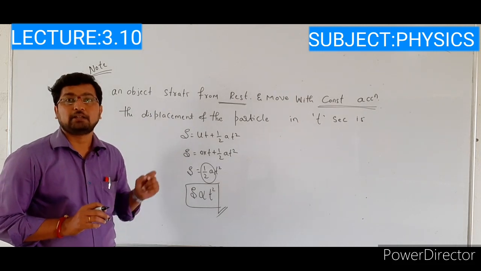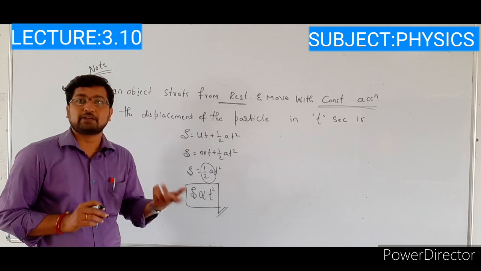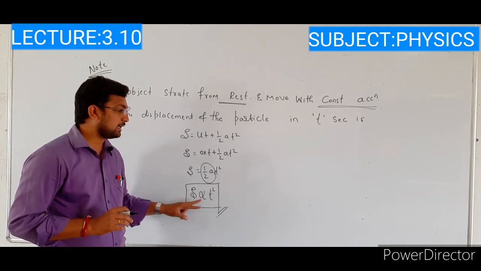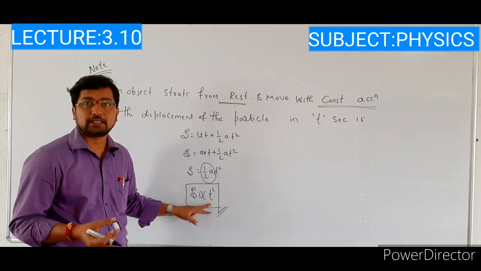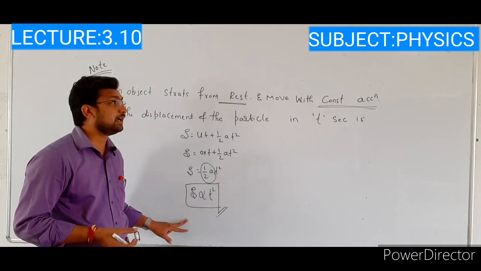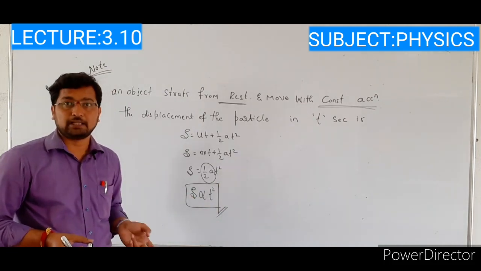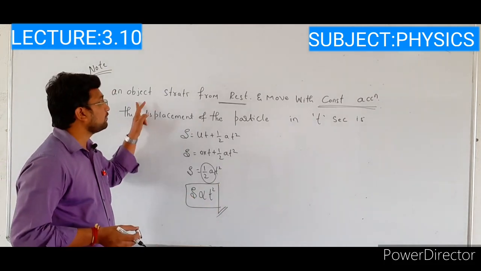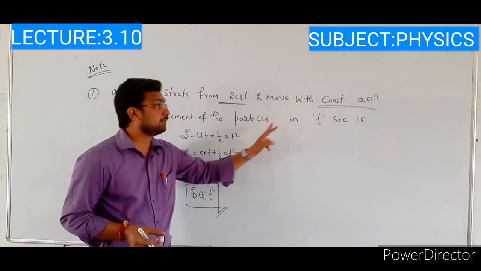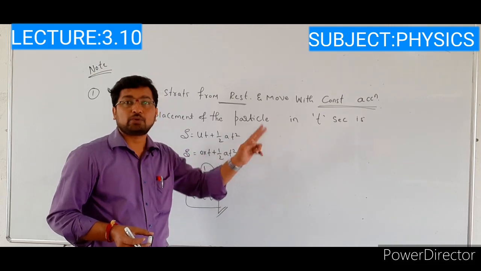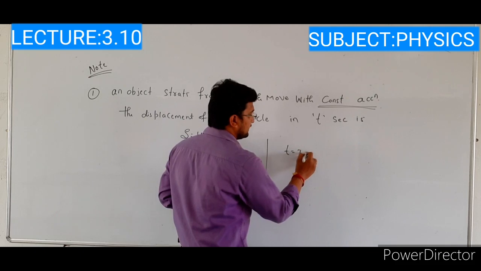For example, they are given t is equal to 2 seconds, then find out the displacement of the particle. Then s is directly proportional to t square. Here t value is 2, square means that is 4. Displacement of the particle in 2 seconds is 4. Similarly, one more example: an object starts from rest and moves with a constant acceleration. The displacement of the particle at t is equal to 3 seconds.